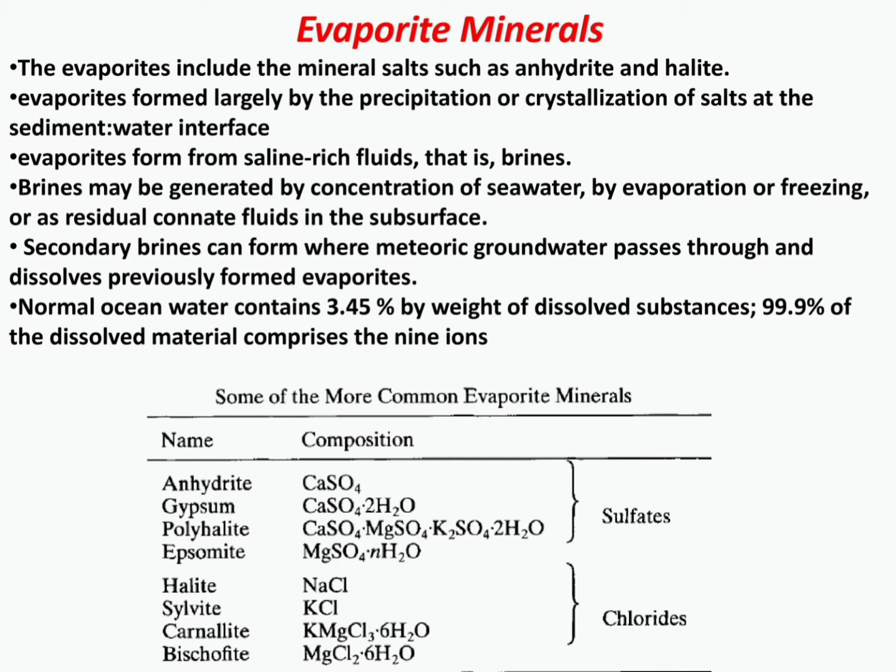Say you have 1 liter of water and you have 100 grams of salt in it. Now the water is saline but not a brine. It is not enough to precipitate salt. So you heat the solution. After heating, most of the water gets evaporated and the residual water has a high concentration of salt.